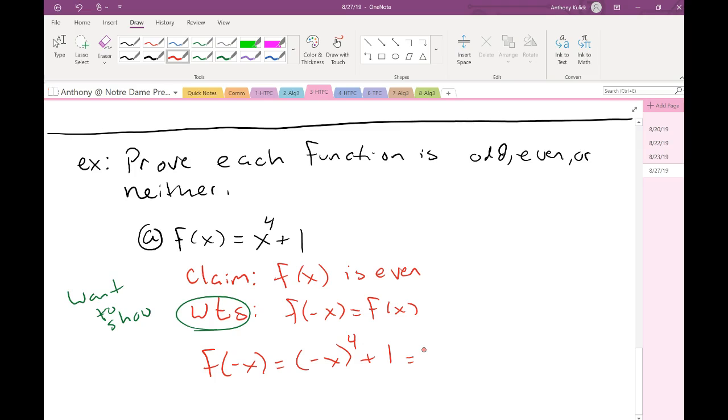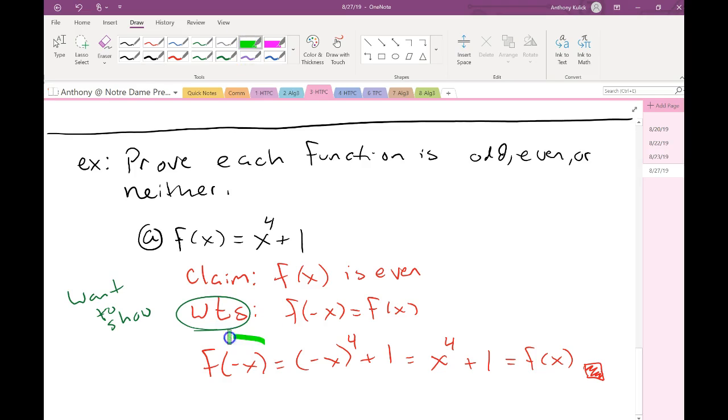Now if I simplify, negative x to the fourth is the same as x to the fourth, because I know that if I multiply 4 negatives together, I should get a positive. And this is exactly f of x. Everybody see that? So we're done. I draw that little square at the end to indicate that I finished my proof.